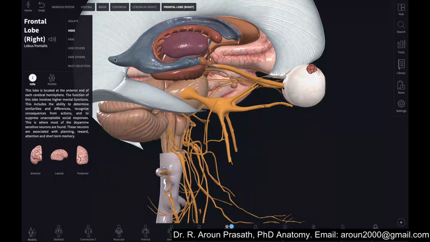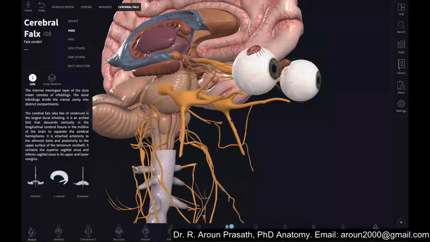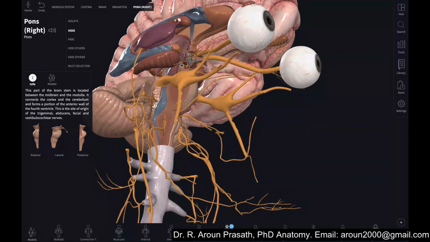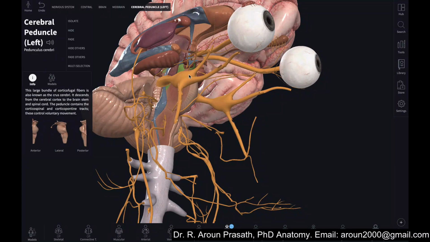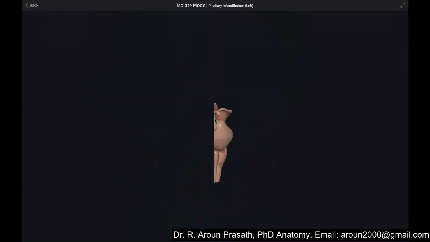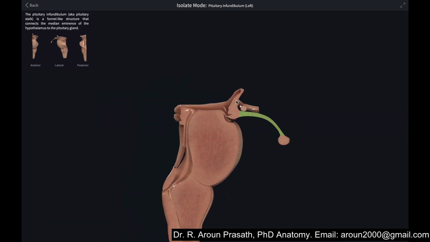So if you see here, this is the fornix. Now it is present in the cerebral peduncle. Here this is the cerebral peduncle, and here, what you see is the hypothalamus. This tissue is the hypothalamus.